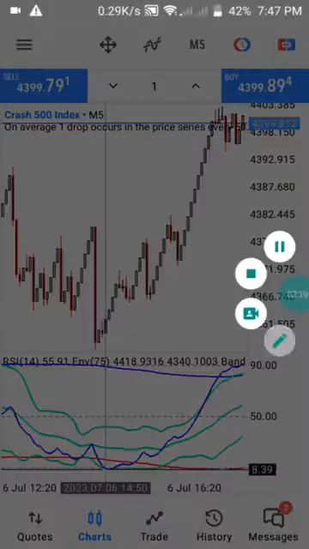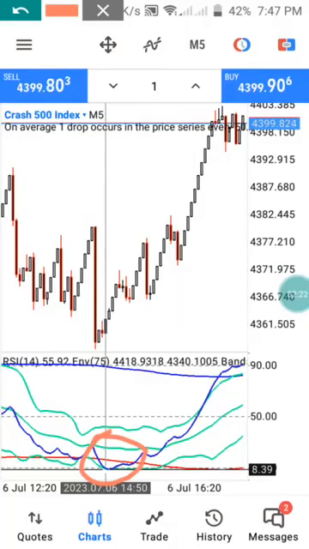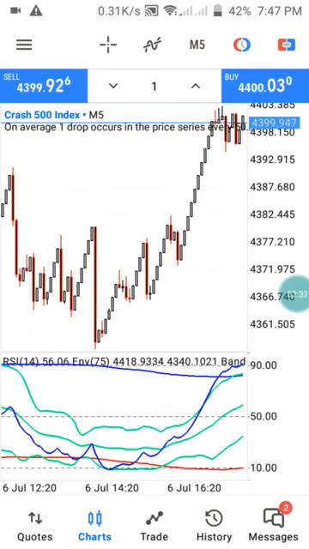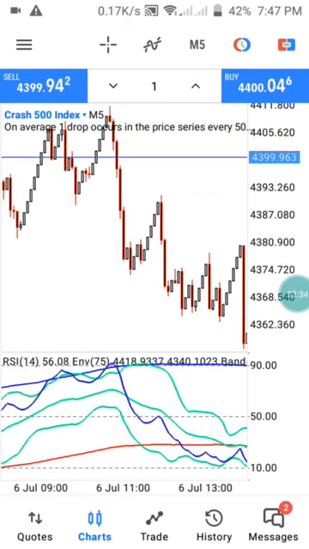This is exactly where I got my entry. From this area I began to sell up on the uptrend until I had my full profit in the house. So guys, let me show you some samples of what you need to know about this strategy.